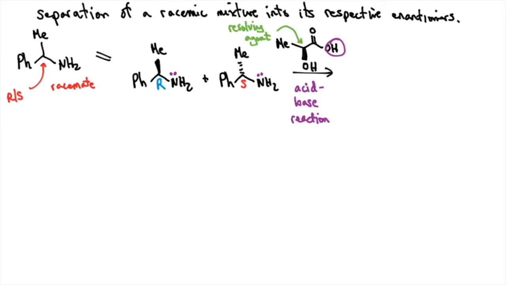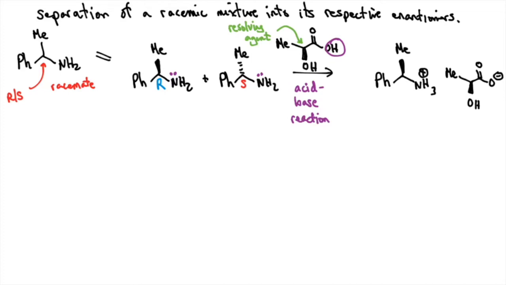And so let's show that right now. Let's say that first amine, the R amine, grabs a proton. It becomes NH3 plus. And then the anion will be O minus, but it will still retain the chirality of our resolving agent.